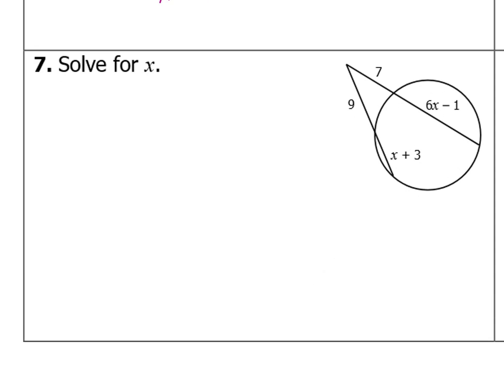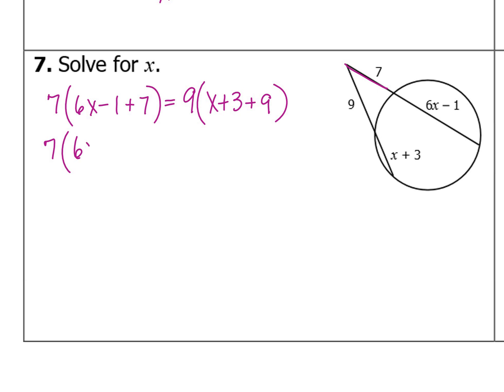And here again we are with some variables, so now we have 7 times the sum, so 7 times 6x minus 1 plus 7, don't forget to add the 7, equals 9 times x plus 3 plus 9. So let's get inside the parentheses.